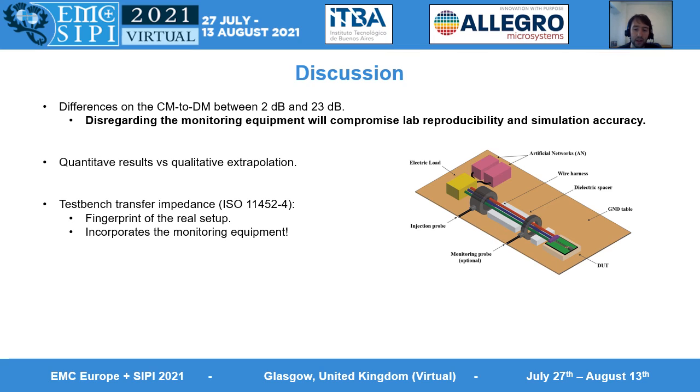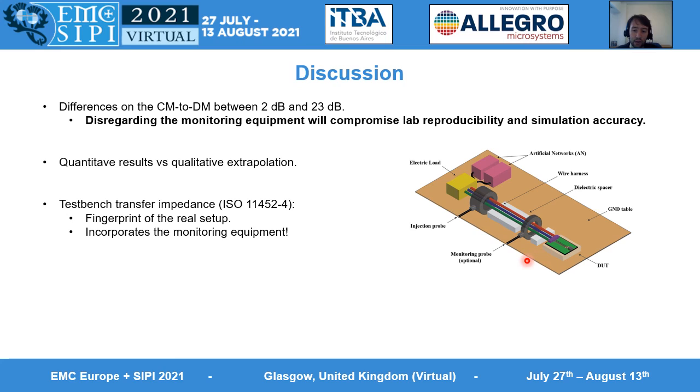So in order to mitigate this, we propose the use of the test bench transfer impedance. This quantity is defined in the ISO standard as the common mode voltage injected in the injection probe position divided by the current seen by the monitoring probe at its own position.